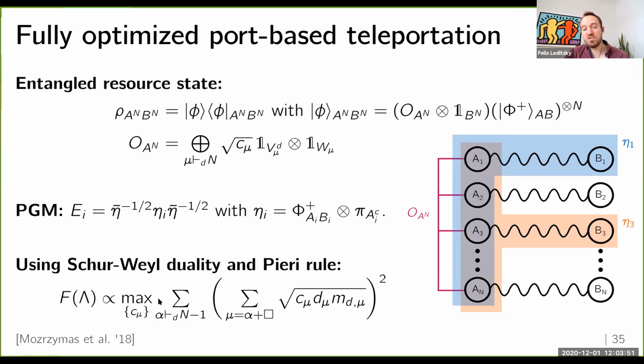And you obviously want to take the best one because the symmetry leaves these C mu parameters free, so you can choose them. So you want to maximize them. You want to choose the best ones in order to maximize the fidelity. And so the entanglement fidelity will be proportional to this functional. But it's again an answer in terms of representation theory. You have again these dimensions of the irreps appearing and these C mu constants, which are the eigenvalues of the Werner state.